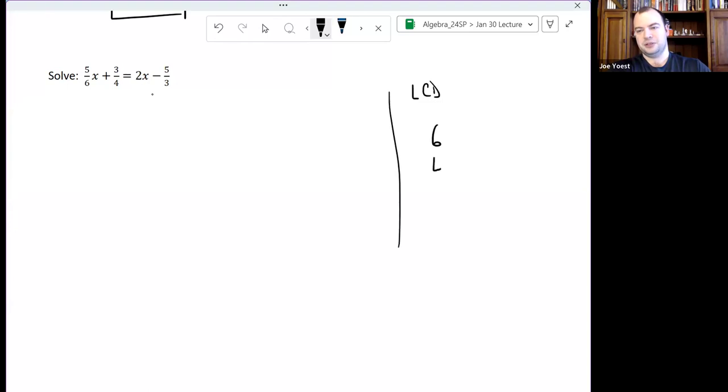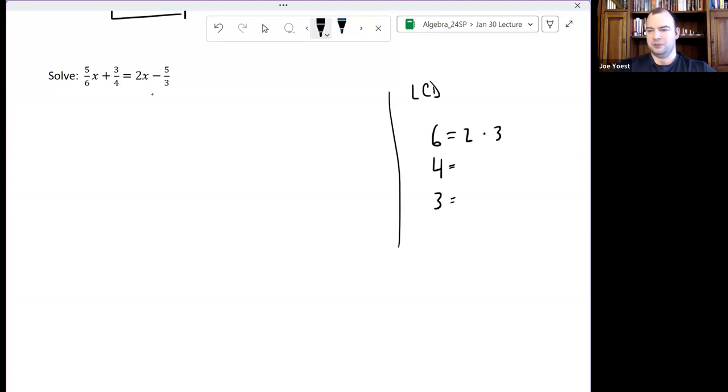What are my denominators? 6, 4, and 3. So for the 6, I'm going to break that down to 2 times 3. 4, what's 4's prime factorization? What's 2 times 2, right?